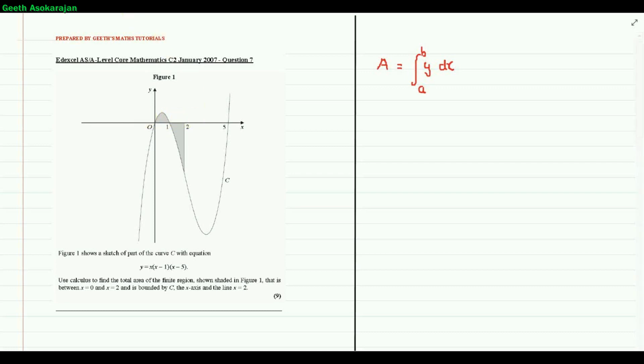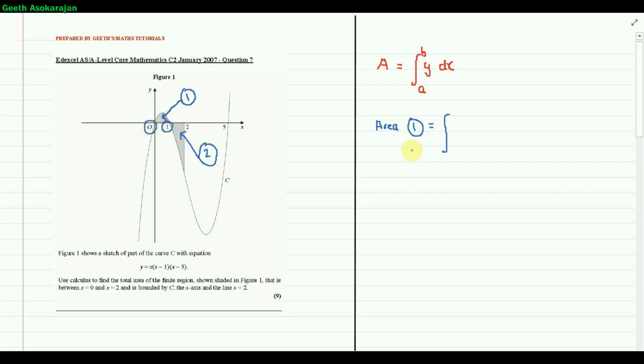So let me go back to blue and let me calculate this area above the x-axis. Let's call that number 1, and I'm going to call the area below the x-axis region number 2. First, let's work out area number 1. We're going to integrate, and the limits will be 0 and 1.